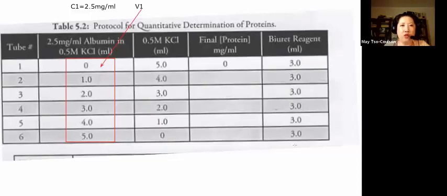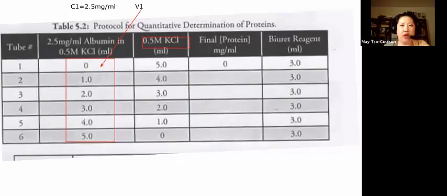Since we know this information, we also know the total volume in each test tube. The test tube contains albumin as well as a buffer. This buffer that we're using is a potassium chloride solution, and so that volume we also know.